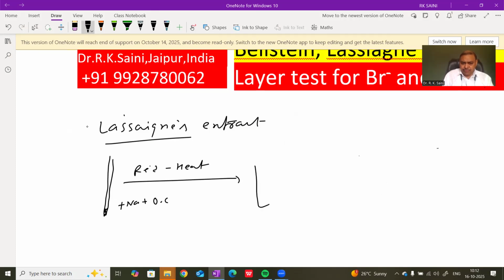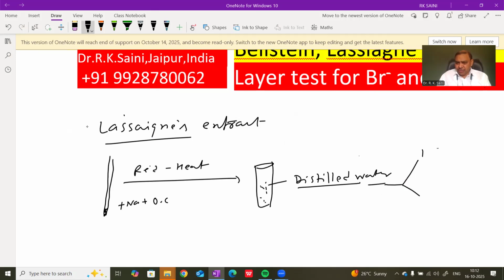Then this tube is put in distilled water. Distilled water is pure water and does not contain any ions like chloride or fluoride, because these ions are present in tap water. After cooling to room temperature, the filtrate is known as Lassaigne's extract, and the residue remains in the test tube.